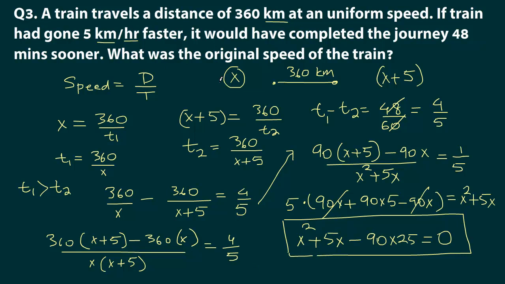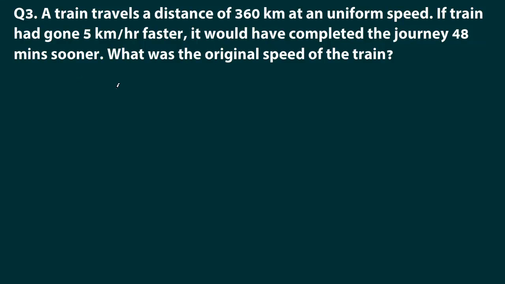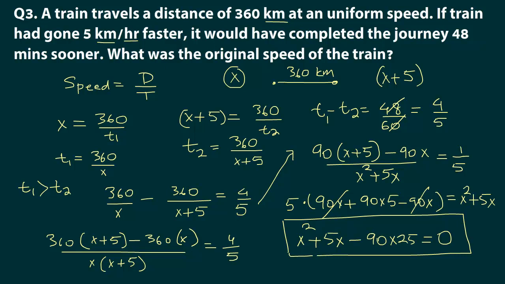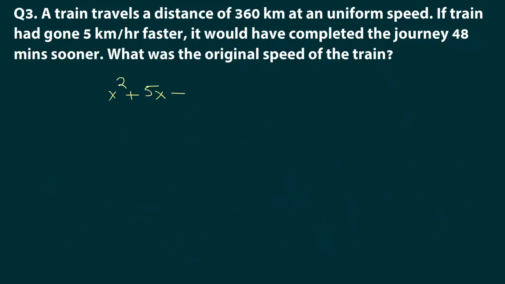Here we will try to see if we can do middle term factorization. Let's give ourselves a little more space. Our equation is x squared plus 5x minus 90 times 25 equals 0.